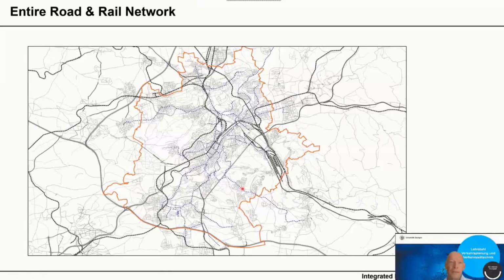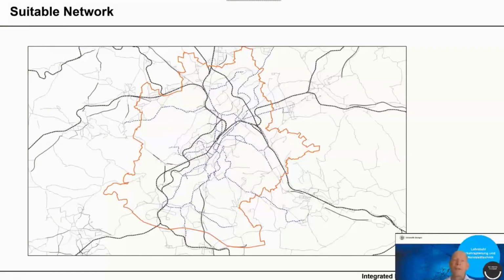You see in blue the underground network, and you see all the other roads. And if you examine the roads, whether they are suitable for buses, you will identify that fortunately, only a certain part of this network is suitable.